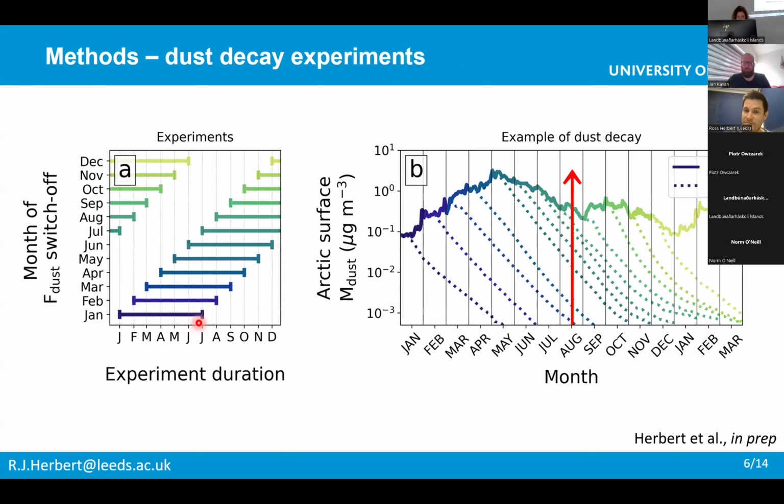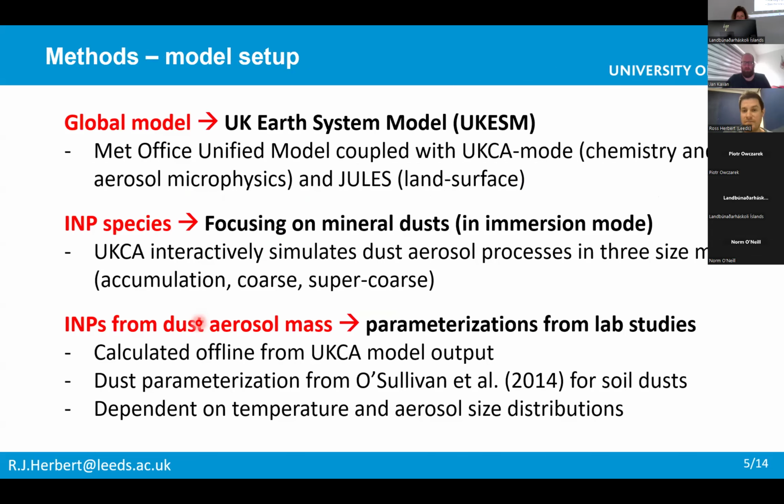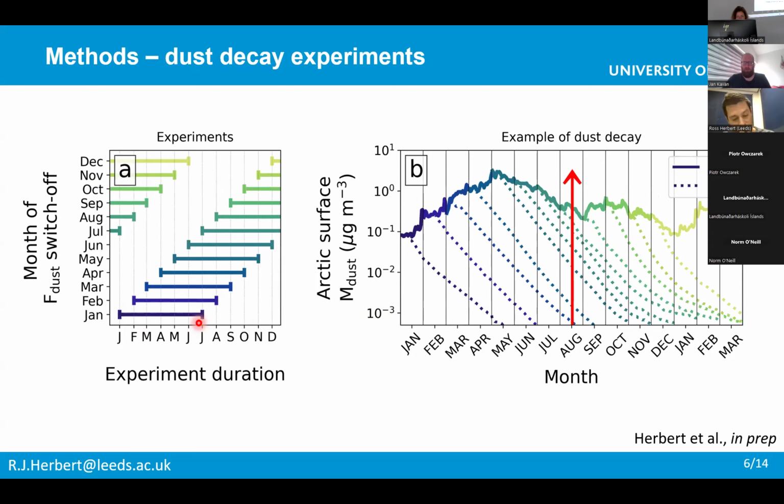One more back, I think. No, okay. I just didn't understand why the spikes are different in the model, like when it's high and when it's low, if that makes sense.